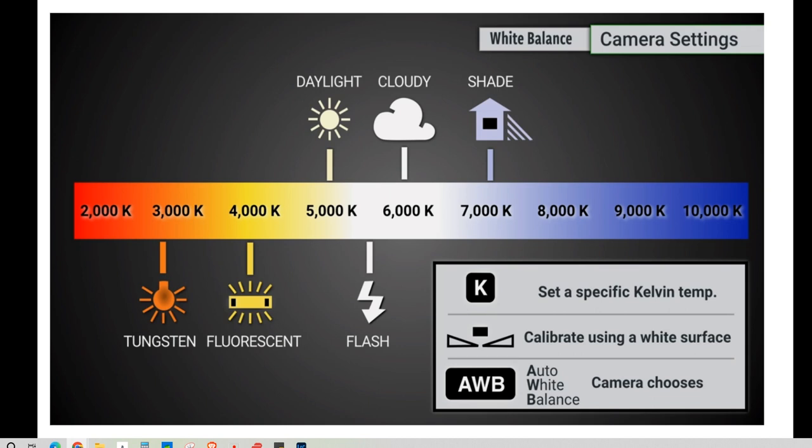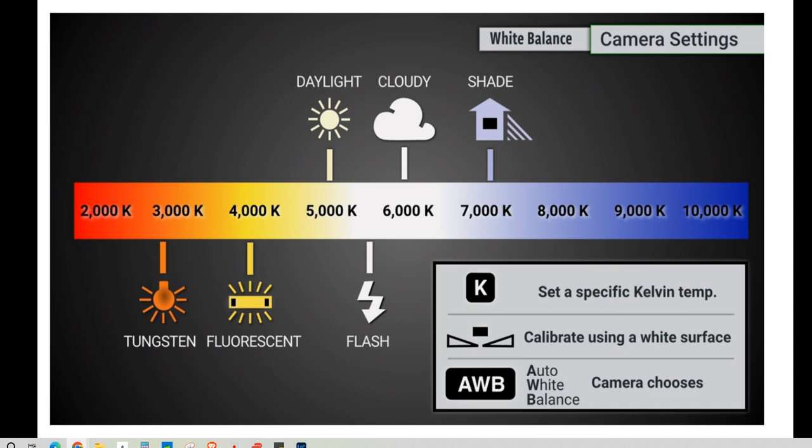Or if you're using tungsten lights, which is like the light bulbs at most houses, that are not the white blue color, they're more of a yellow orange color. You put it on that setting and people's skin tone won't look yellow orange. So anyway, I use the different modes.